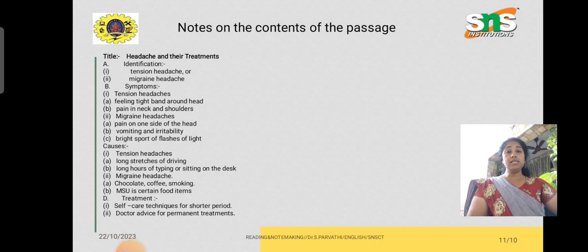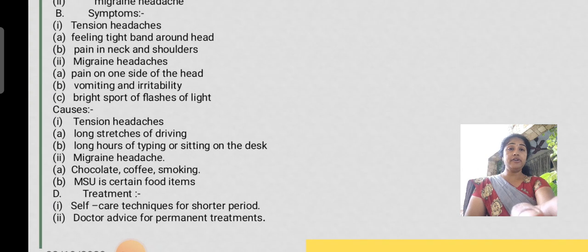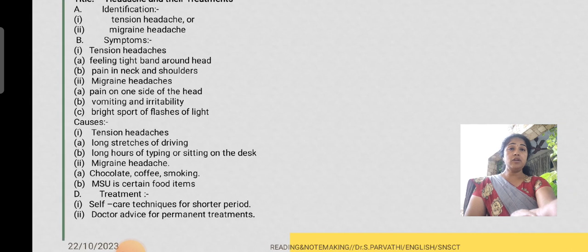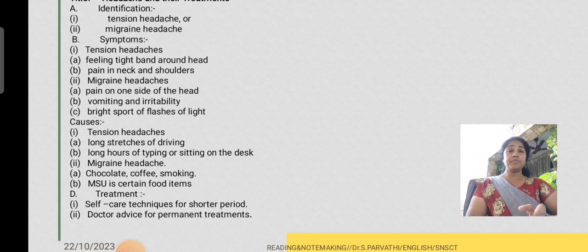See, look at this. I have given the title, headaches and their treatments. And the first one, I have given the subheading, identification, and I have given the sub points, like one is tension headache, the other one is migraine headache. And my second subheading is the symptoms, right? What are the symptoms of tension headache?